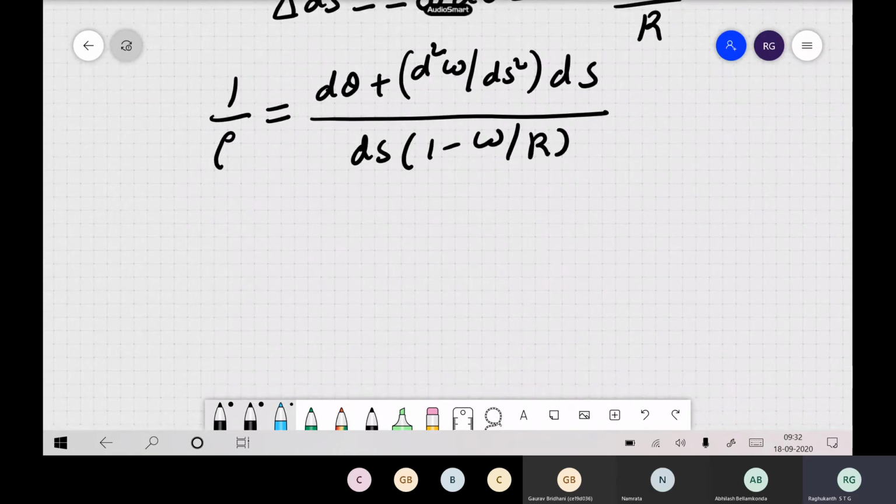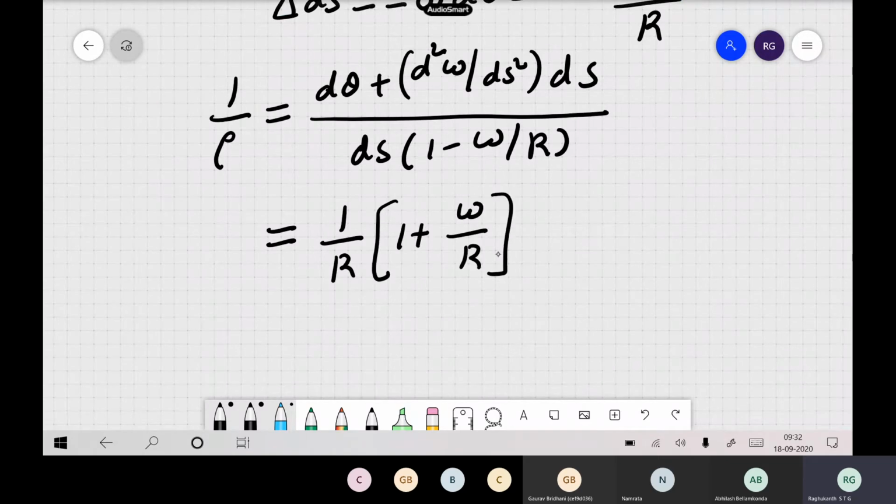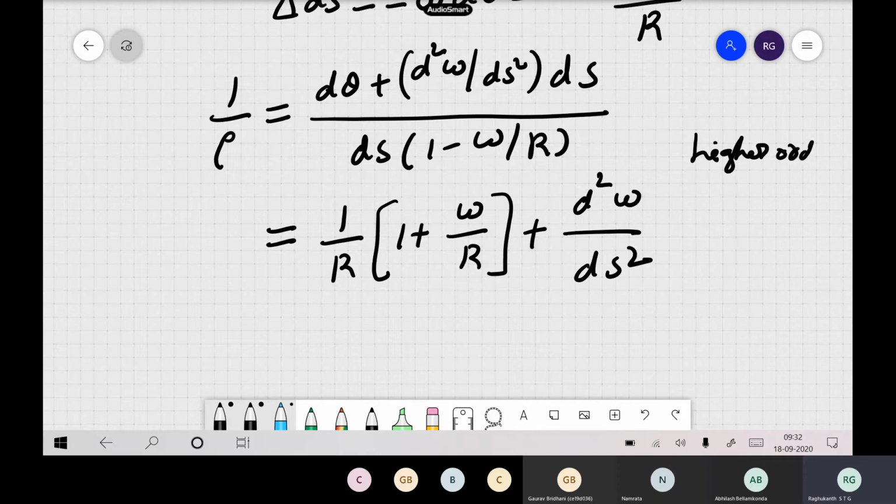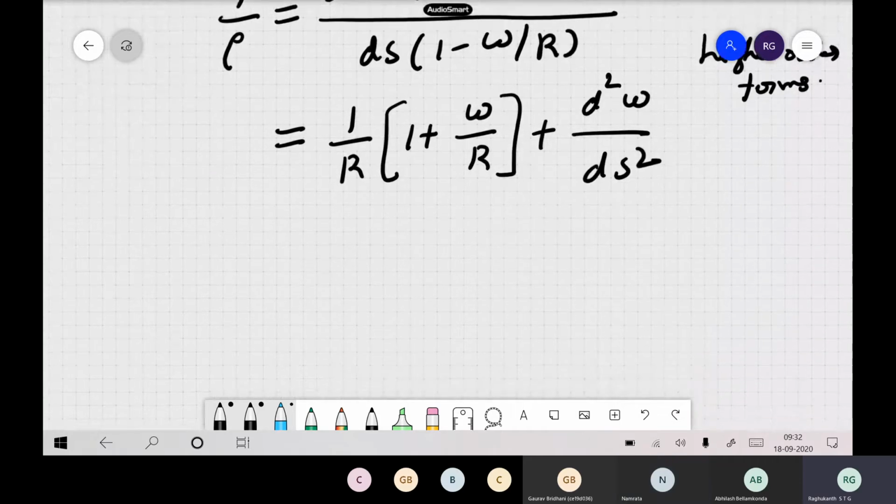Now you make some simplifications and neglect some higher order terms. This can be written as 1 by r into 1 plus w by r, plus d square w by ds square. So this is our new curvature.